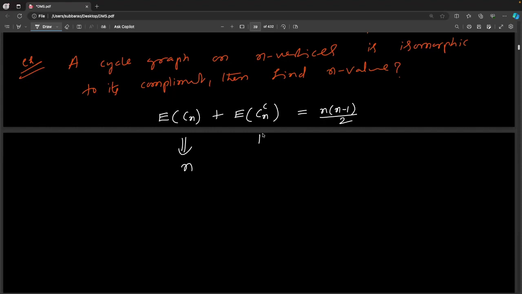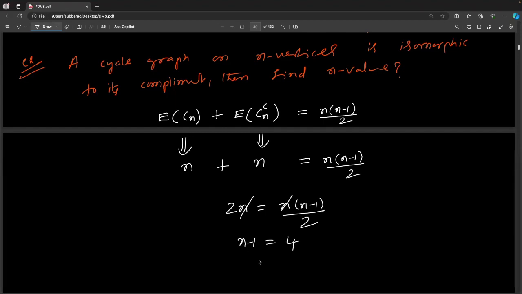So the complement also has n edges. So 2n is equal to n into n minus 1 by 2. So n cancels n, so n minus 1 is equal to 4, and n is equal to 5.